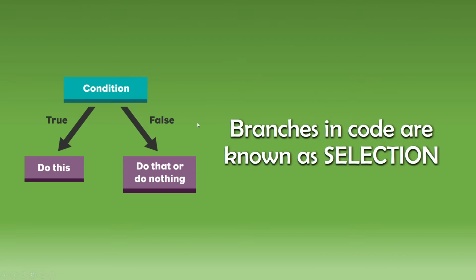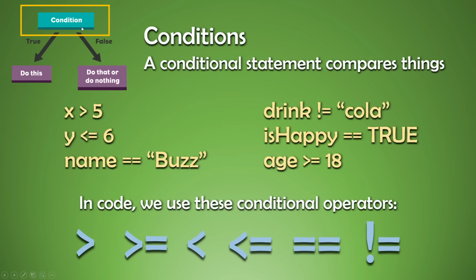To do a test, and we'll look at the condition here, we need to set up a test where something would be true or false. To do that, we use operators, which are known as conditional operators. And these conditional operators are very similar to the ones you use in math, where we test, is x greater than 5, true or false?